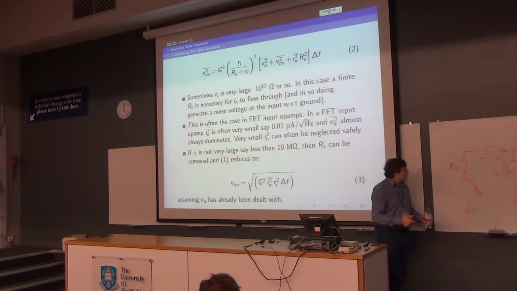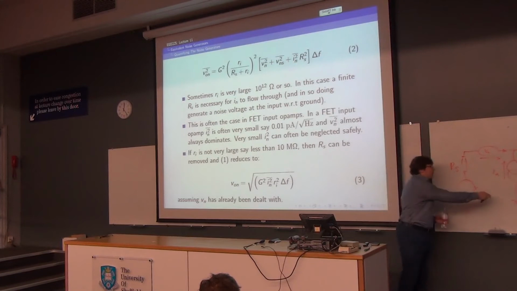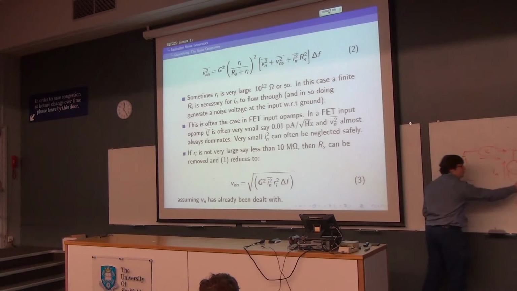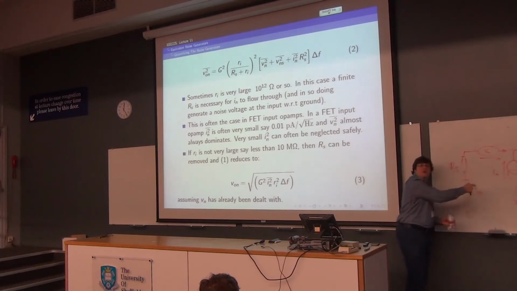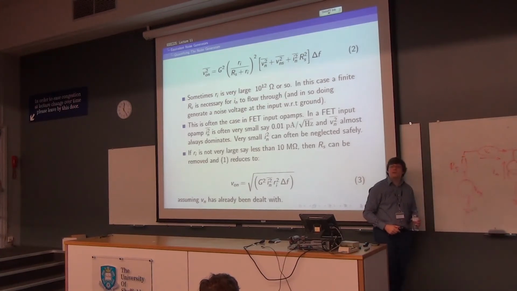The reason you might want to do that is In has to flow in something, and it will be very difficult for us to work out the noise voltage that appears at the output due to the noise current flowing in an Rs we know nothing about, if this is far too big to be appearing in the calculation.